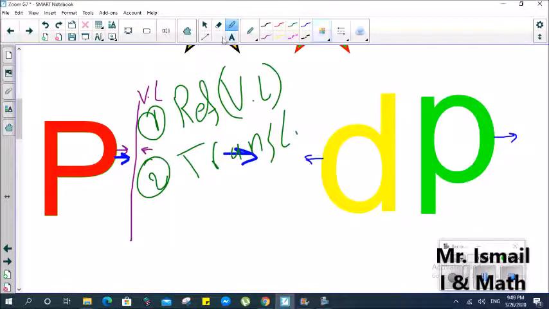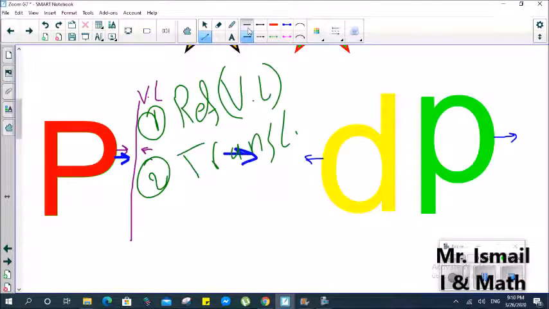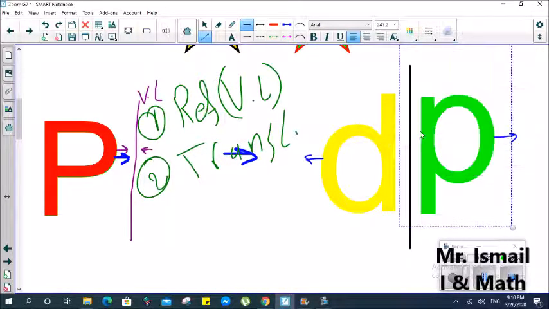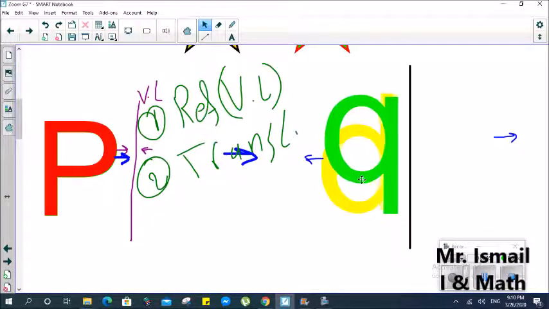So I will use reflection. Let's reflect the green one. Now, if I move the green one to the yellow one, are they matching? No. Still no.